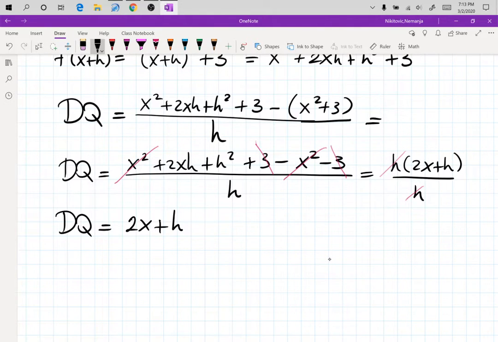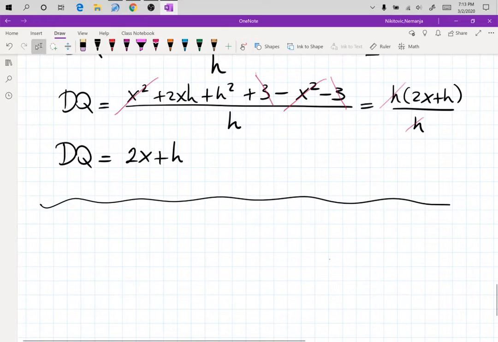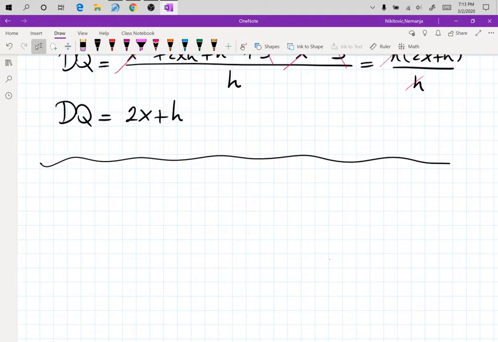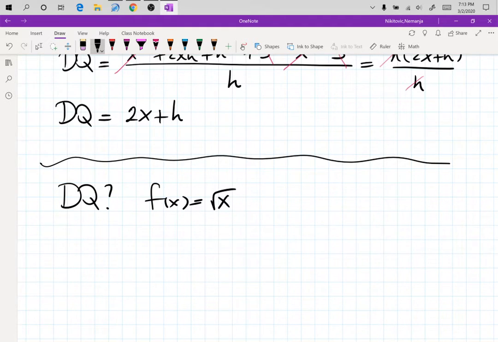Well, we have to follow the algebra, right? So f of x equals square root of x. Okay. So now we're going to again do the difference quotient for f of x equals square root of x. We also know that we need x plus h, and that is just the square root of x plus h.